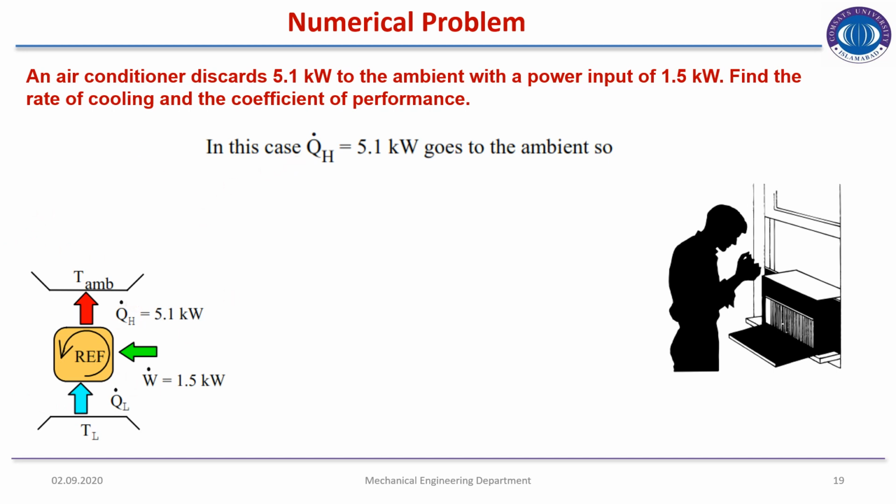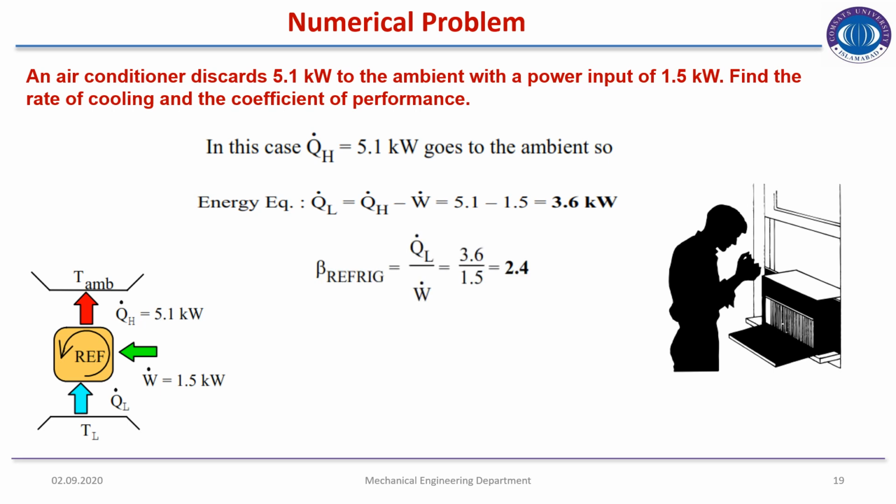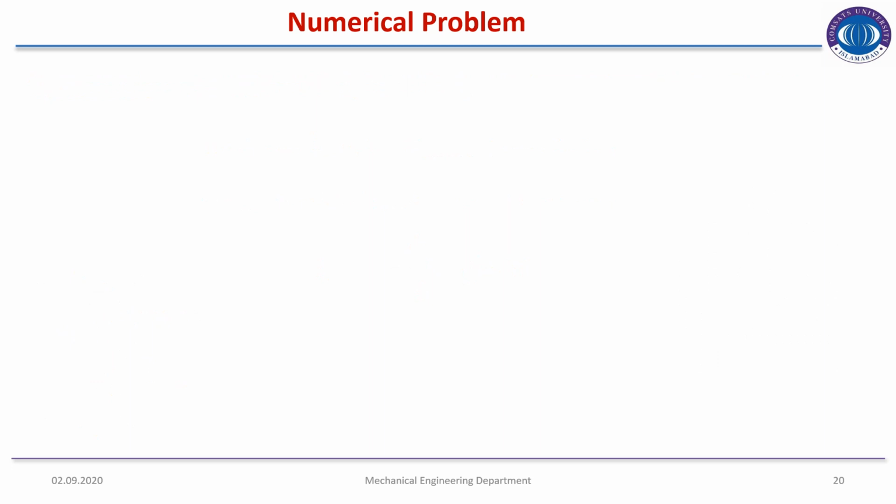Here QH is equal to 5.1 kilowatt going to the ambient, so the energy equation gives QL is equal to QH minus W dot, 5.1 minus 1.5, which is 3.6 kilowatt. The coefficient of performance of the refrigerator is given as QL divided by W. 3.6 divided by 1.5 comes out to be 2.4.